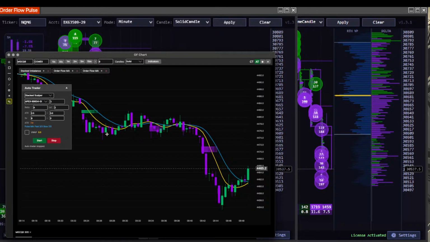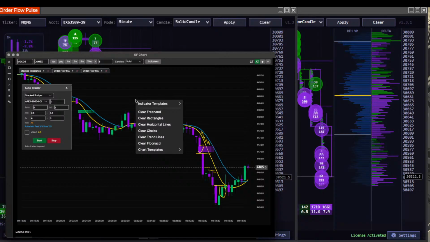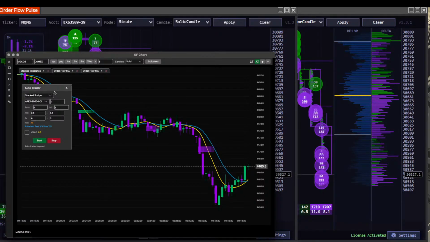So the auto trader, we had a stacked sell imbalance. The moving averages were separating. Okay, it got in here. It just trailed it down. Almost got taken out by the tick, and then I got taken out right here on this candle. Boy, it's hard.